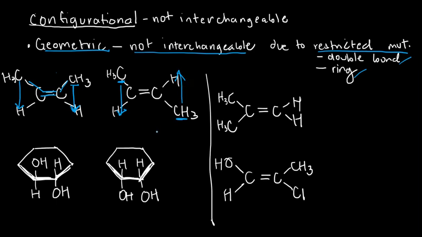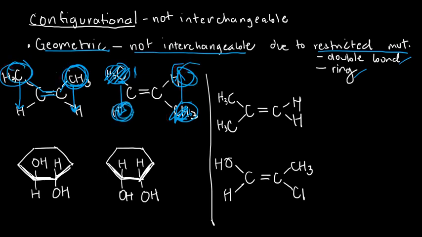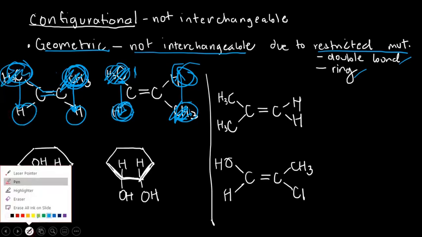That's the restricted movement we're talking about. Meaning, I cannot have a scenario wherein I have two methyls both up here. If I want to convert it to one on the top and one on the bottom, that's impossible because if I try to put this one at the bottom, this one goes upward and they're never on the same side. And here, if I put them both down, then they will always be on the same side. So that's what we mean by restricted movement.